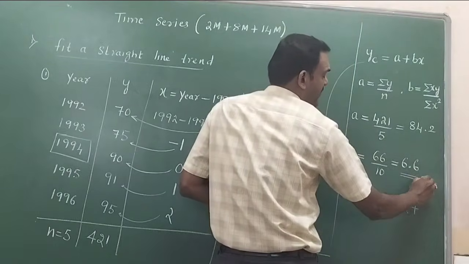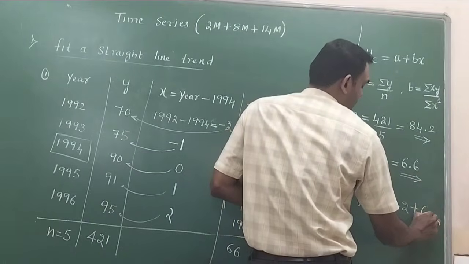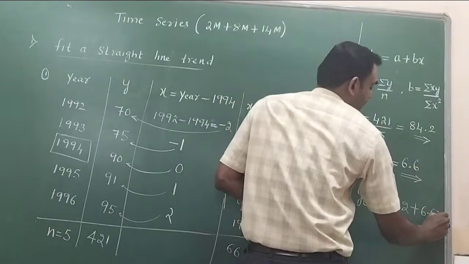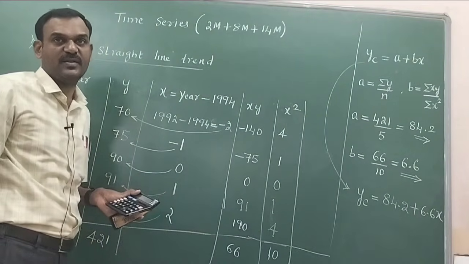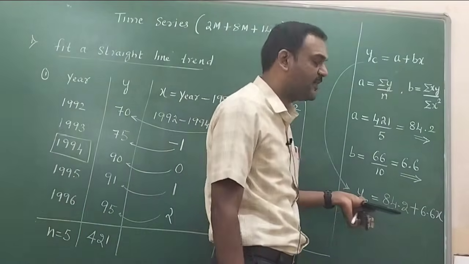These are the values of a and b. Substitute, we get 6.6 into x, which remains the same. This is the straight line trend equation. See, if you do this much, it is nearly 14 marks.